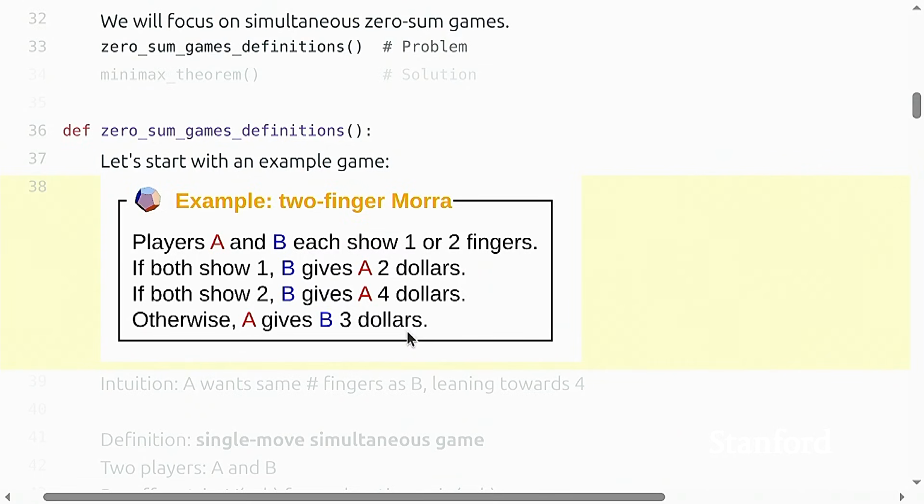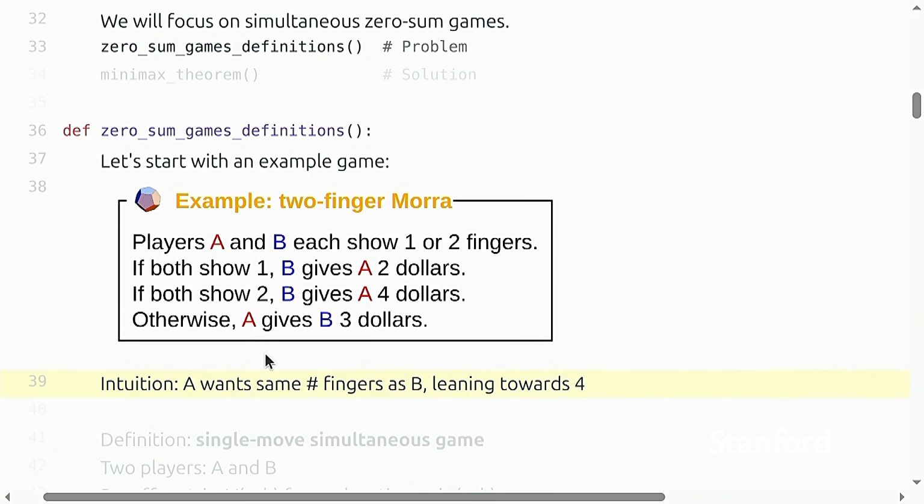So intuitively, A wants both people to play the same number of fingers, because that's where A can win. A really wants it to be more two than one. But if A always plays two, then B is going to play one, and then A is going to lose money. So there's sort of this balancing act here. While I'm going through this, maybe in the back of your mind, you could think, what's the strategy here?